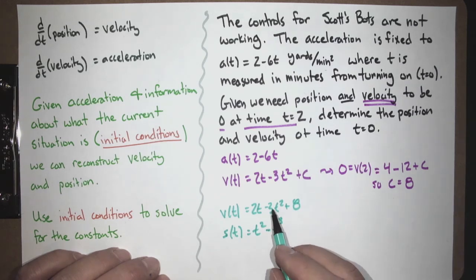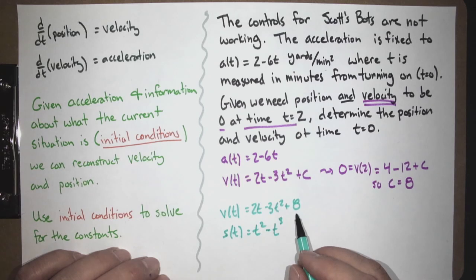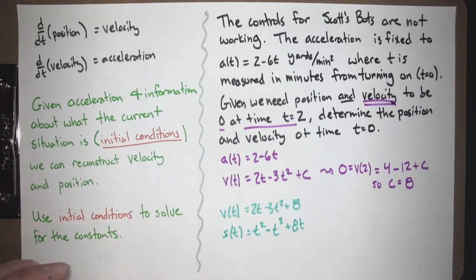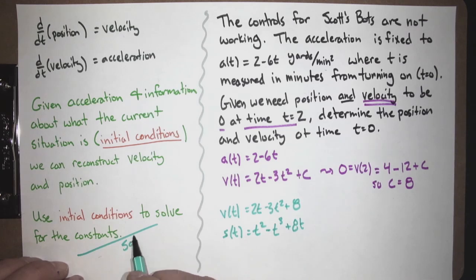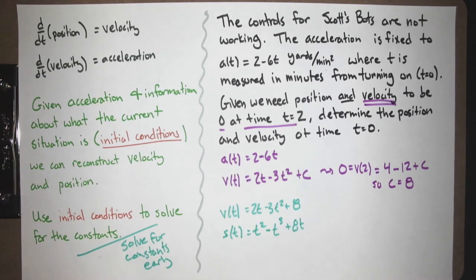It'll be 1. It's 3/3. Antiderivative of 8? 8t. And I should add, solve for constants soon in the process. Because you might have said, well, I'll first do my 2 antiderivatives and then I'll solve for c. Solve for c early.